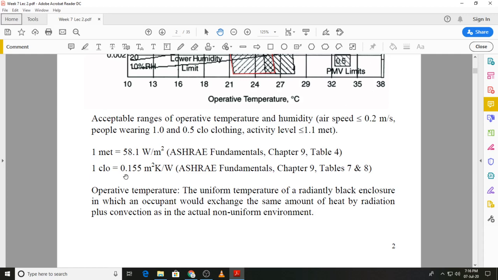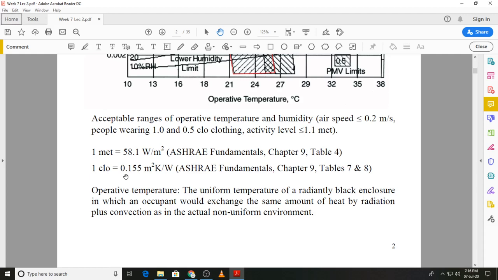If we were to replace that environment by an environment in which all the surfaces are at a constant or uniform temperature and all those surfaces are black. Now, when I say black, again that refers to a particular type of surface that is defined when you study radiation heat transfer.